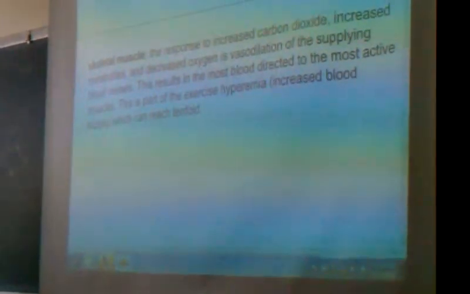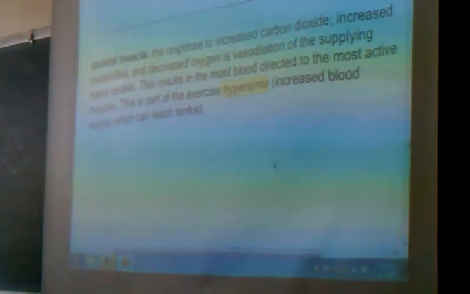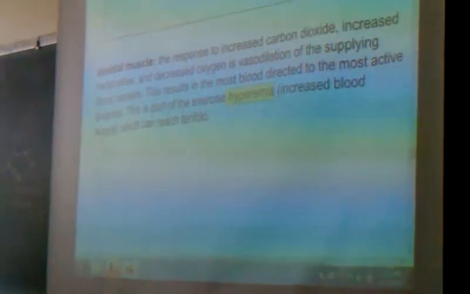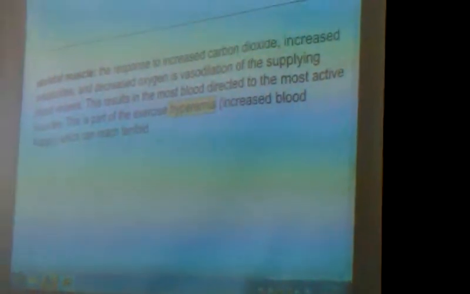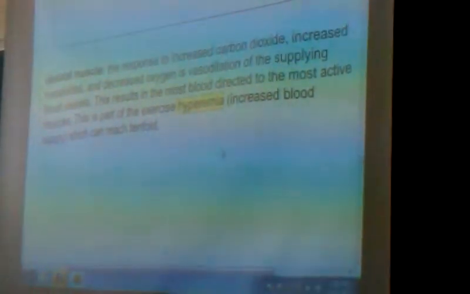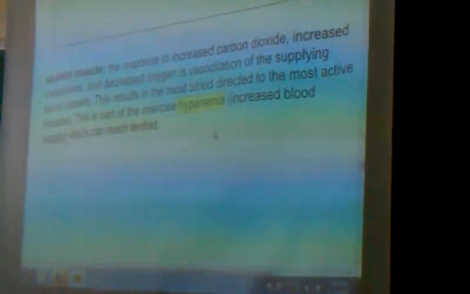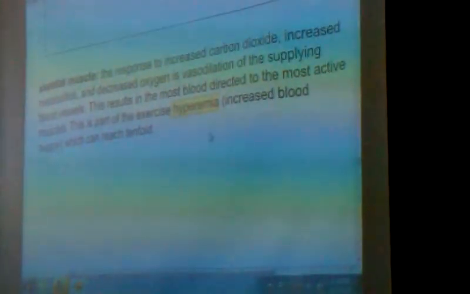And you can actually see the result of increased blood flow. There's a word for it. It's called hyperemia. Emia refers to blood, and hyper means increase or more than. So increased blood flow to a particular tissue or area is called hyperemia. We actually see the results of this when you start exercising and you have increased blood flow to your skin.